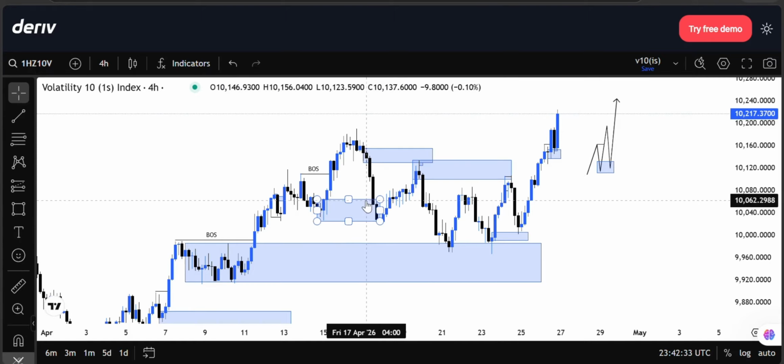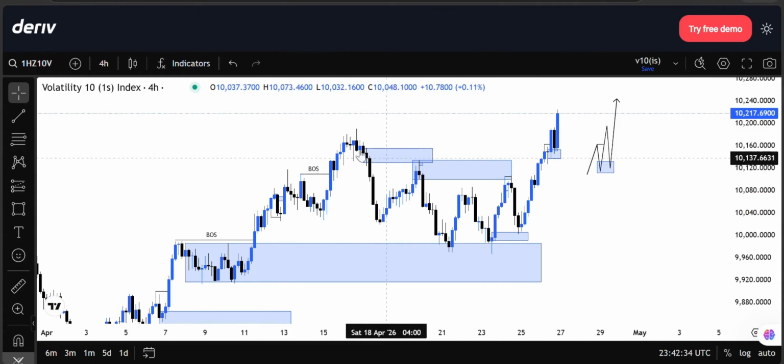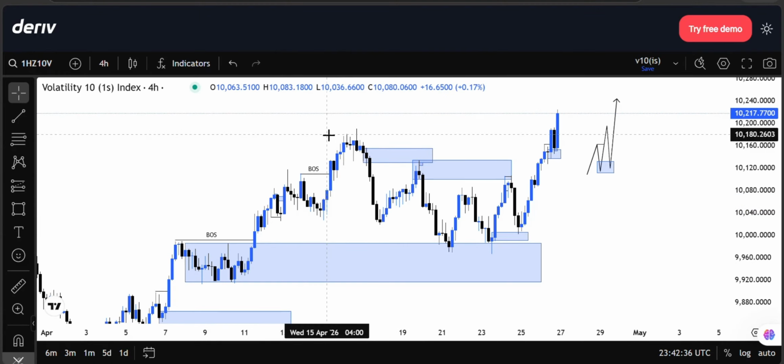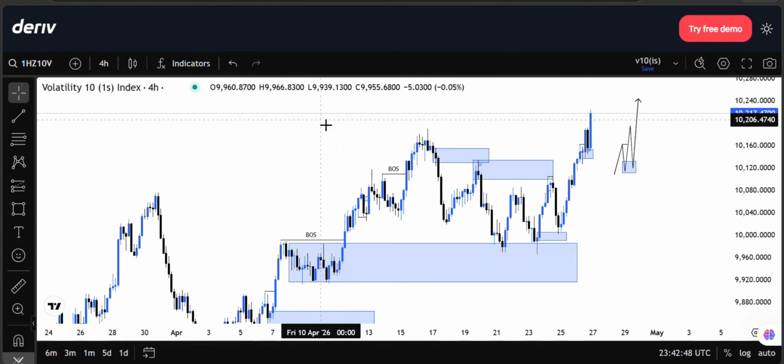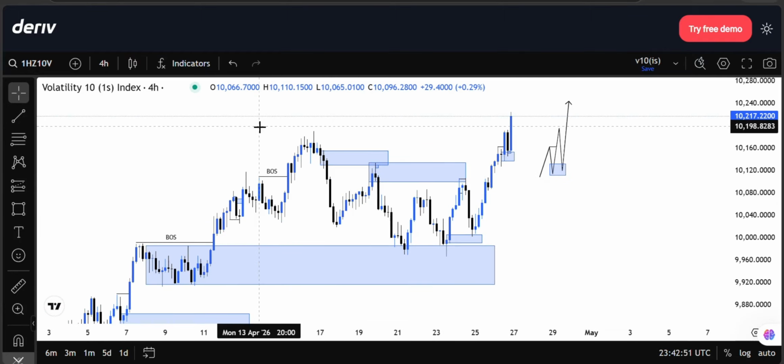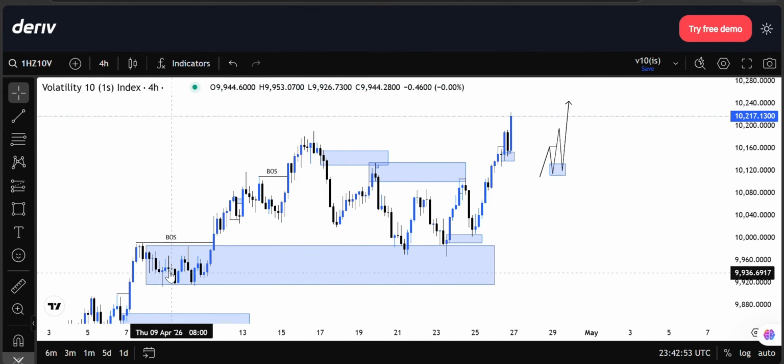All right, so now since price is in an uptrend, we are going to be focusing more on spotting out a bullish entry. Okay, meaning we're expecting to buy from a market like this, following the prevalent trend from the higher time frame perspective. All right, so now this is our demand zone.